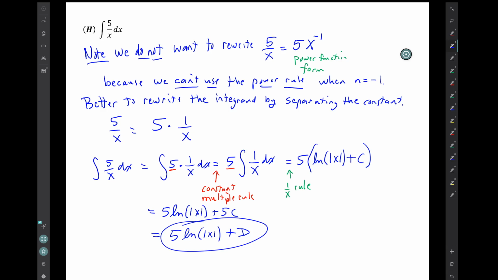I could use the capital K. I could actually use capital C. Doesn't matter. The key thing is, when you end up with a constant of integration of that form, 5c, where c can be any real number, you realize that 5c could be any real number. So I could replace 5c with just D, or any number that I want.